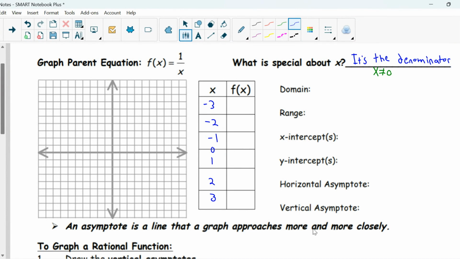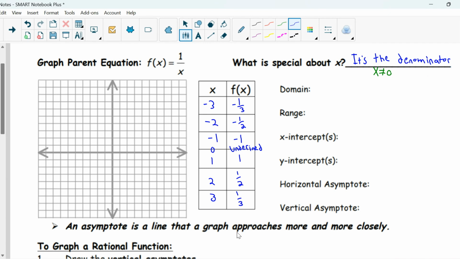And we'll see why in a second. So with these x values, let's substitute them into our equation. This is fairly easy. We would have -1/3, -1/2, -1. Anything over 0 is undefined. 1, 1/2, and 1/3.